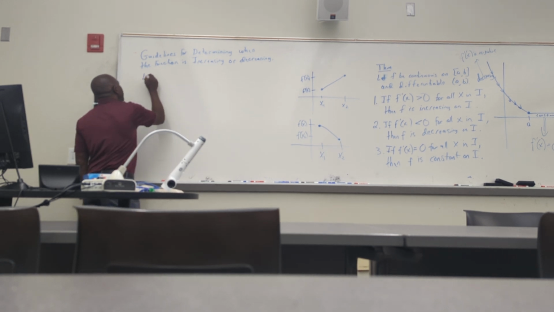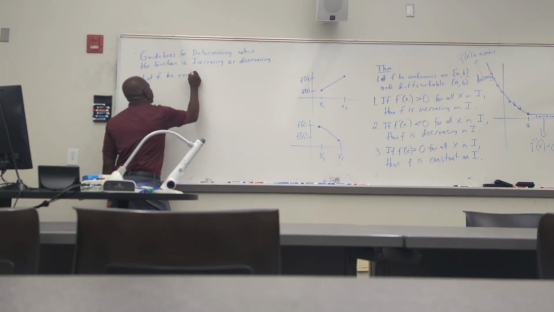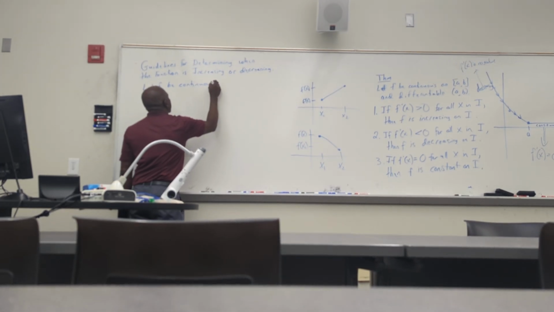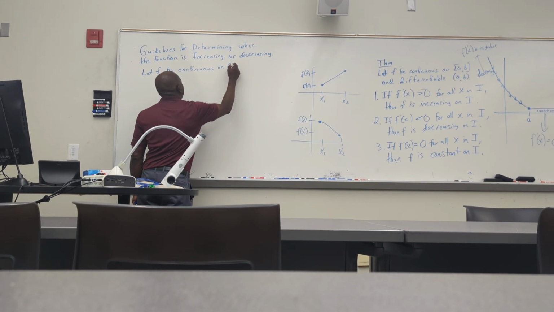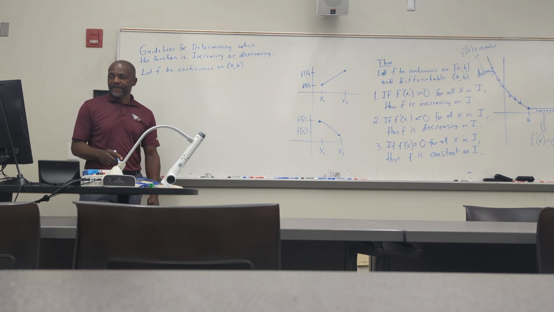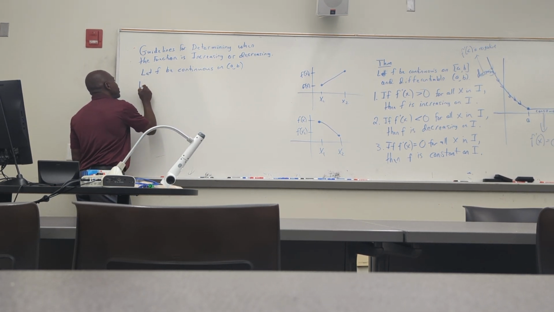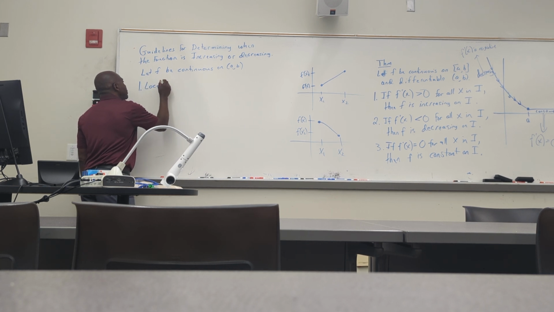We have to start off, we're going to say let f be continuous on AB. The first thing you do is this, locate the critical values.